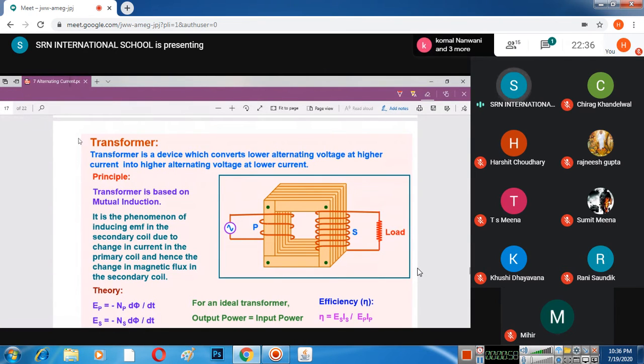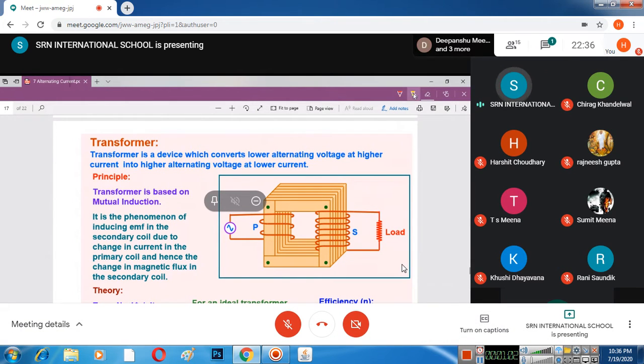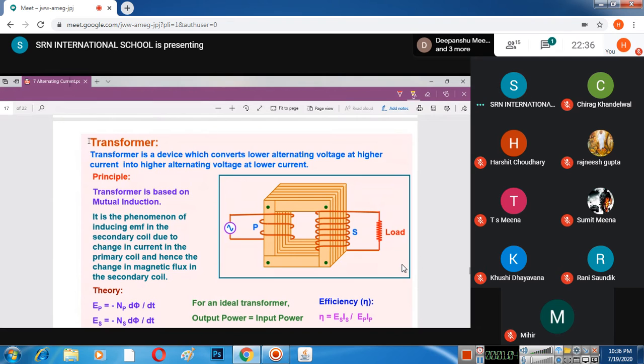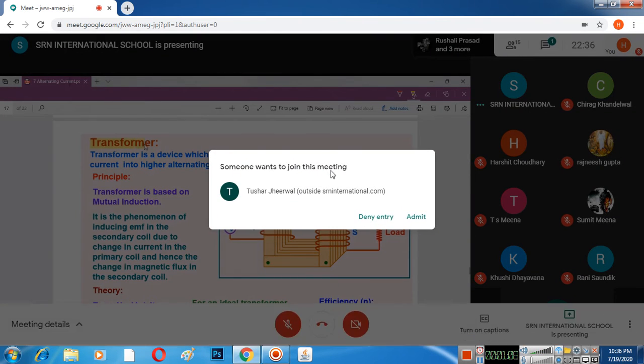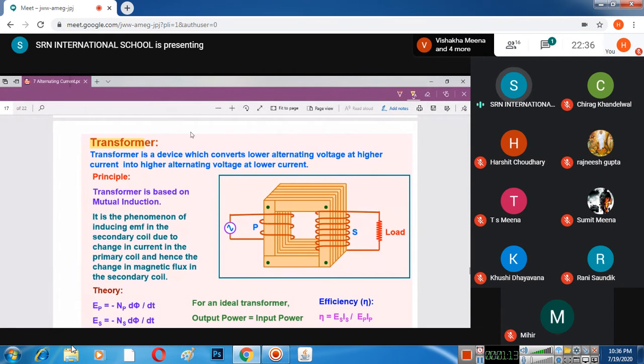That's why its name is transformer. Basically it is used to transform. Transform means from high voltage to low voltage, and low voltage to high voltage.